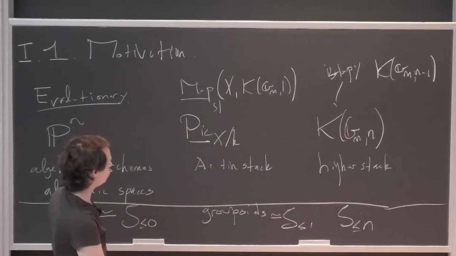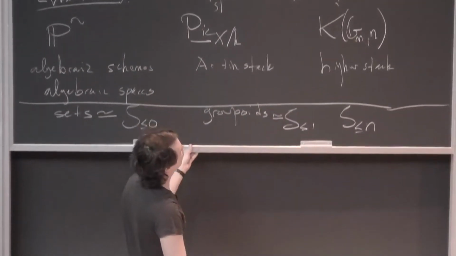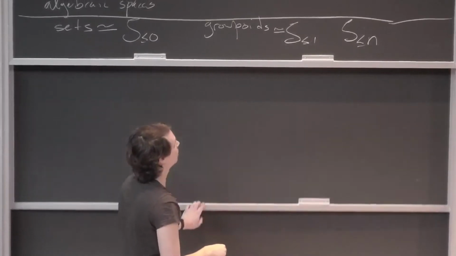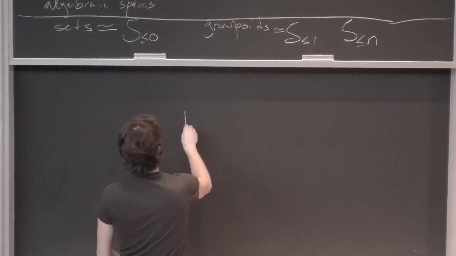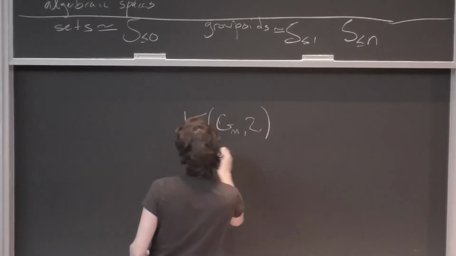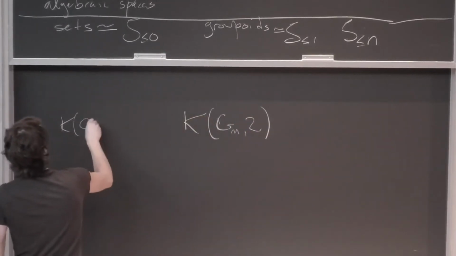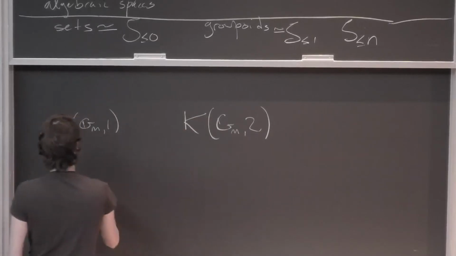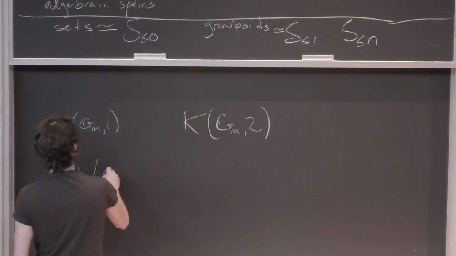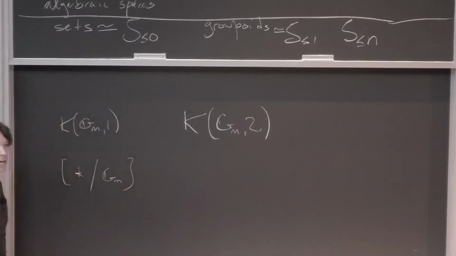So, and let me just say, just to emphasize before I continue this evolutionary diagram in a moment, but KGMN, let's just look at KGM2 and KGM1 for a moment. So oftentimes one writes this schematically as being a point mod GM with the trivial action.